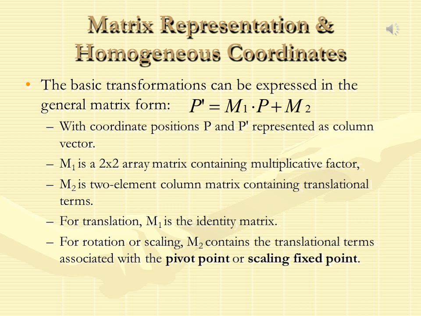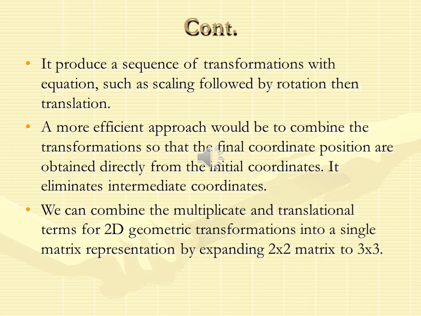The basic transformations can be expressed in the general matrix form P dash is equal to M1 into P plus M2, with the coordinate positions P and P dash represented as column vectors. This produces a sequence of transformations, such as scaling followed by rotation, then translation.